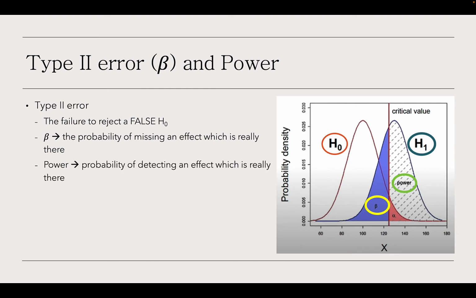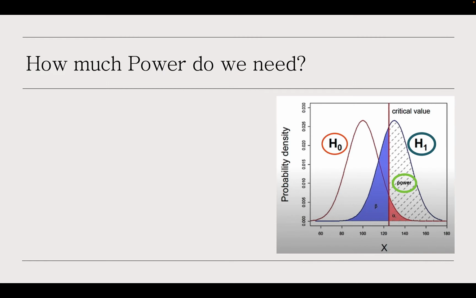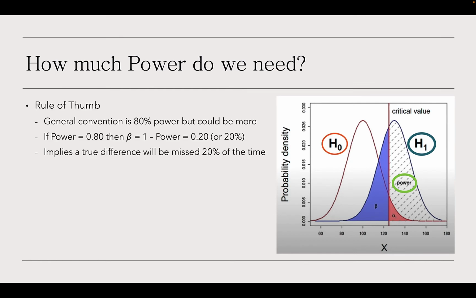Okay, and power is the probability of detecting an effect which is really there. So right away, when you're looking at these two definitions of power and beta, you should see a complementary relationship. There is a direct relationship between type 2 errors and power, in that power is simply 1 minus beta. All right, so big question, how much power do we need?